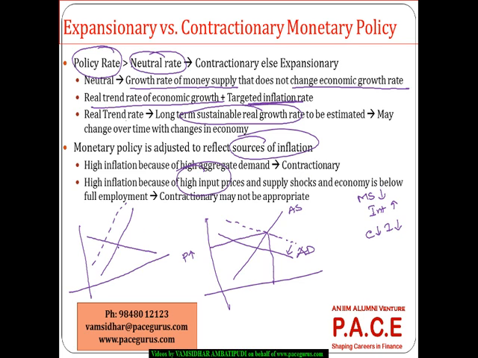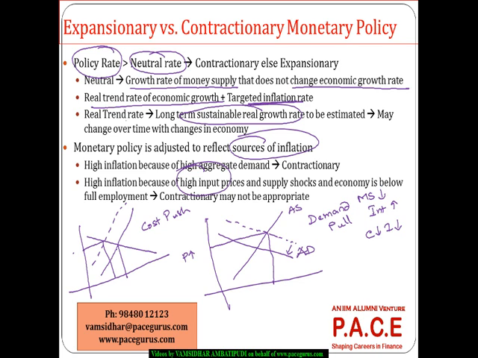Now in this case, the inflation is coming up through a cost push inflation. The earlier inflation was a demand pull inflation where aggregate demand increased and resulted in prices going up. Whereas here, the prices have gone up because of the supply shock.